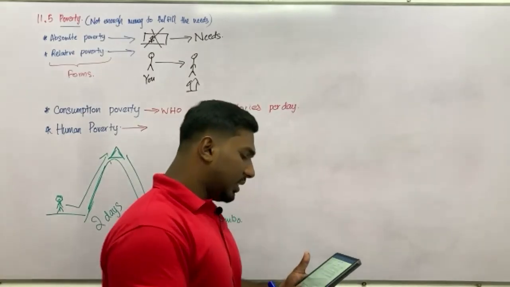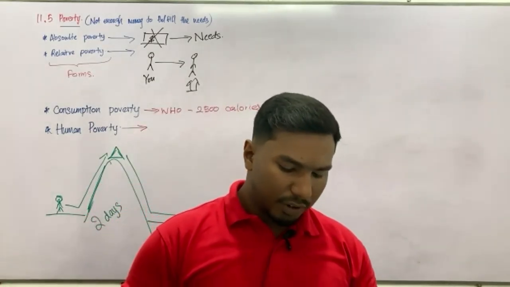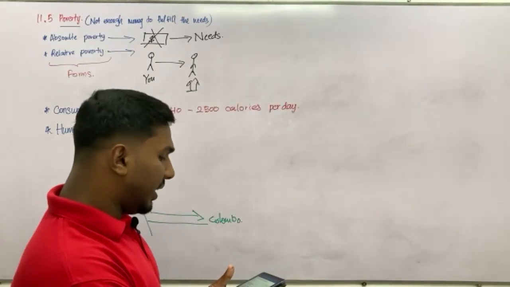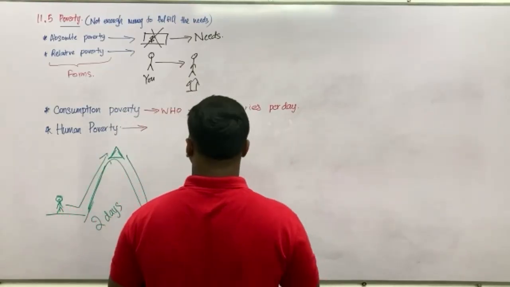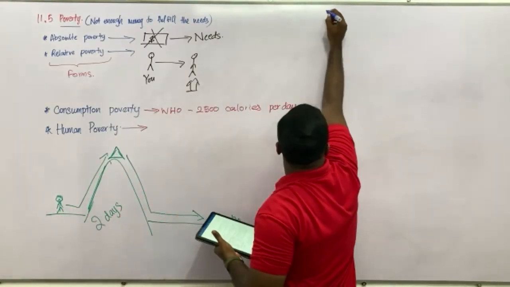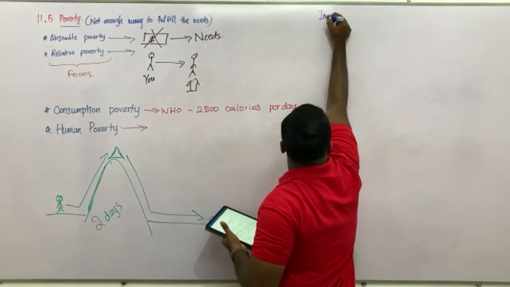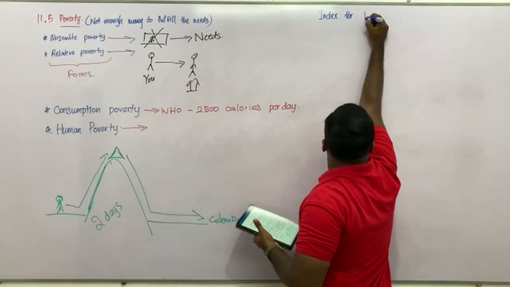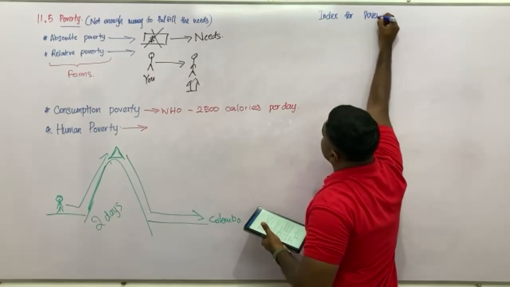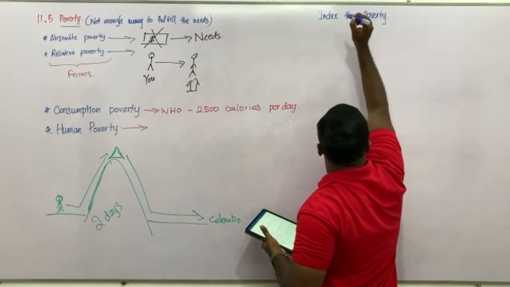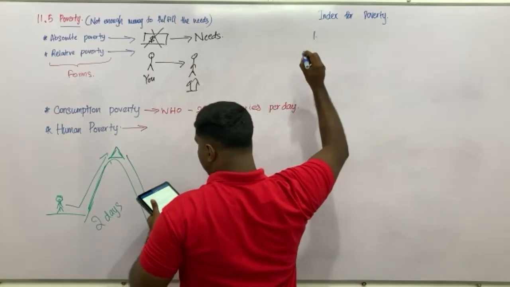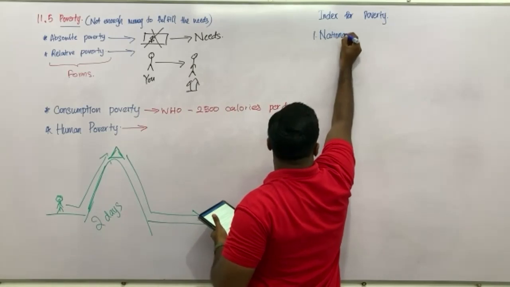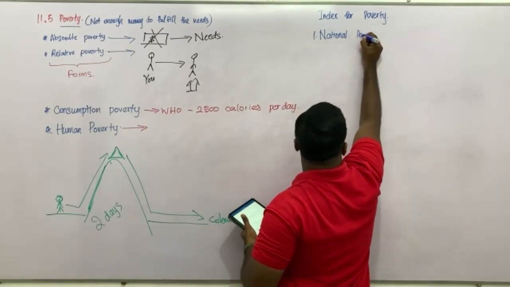So yes, that's pretty much 11.5 on page number 22. After that, we can go to the indexes for the poverty. The very first index is National Poverty Index.